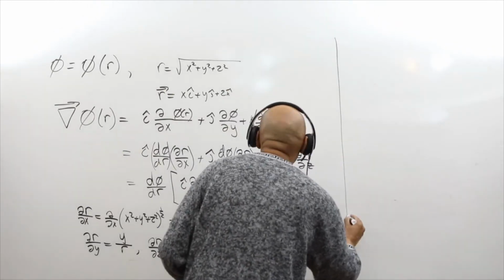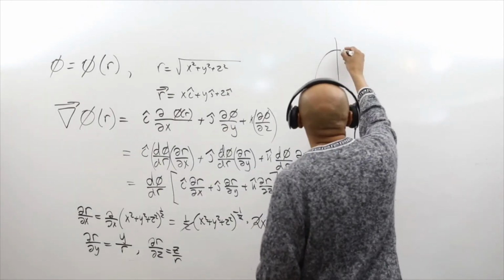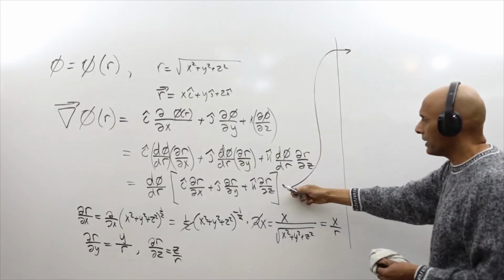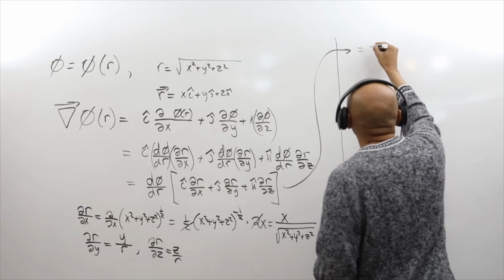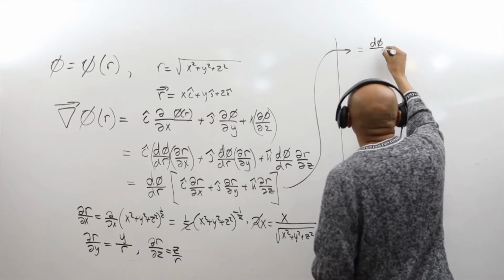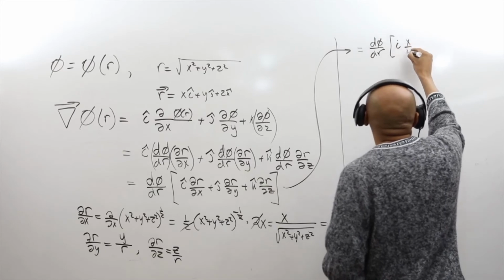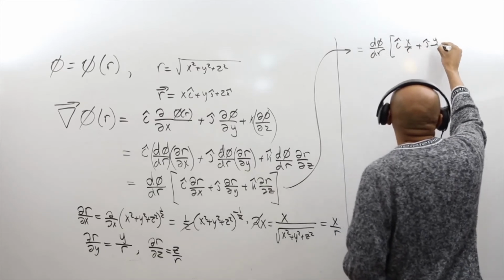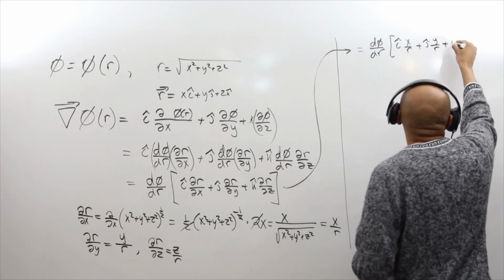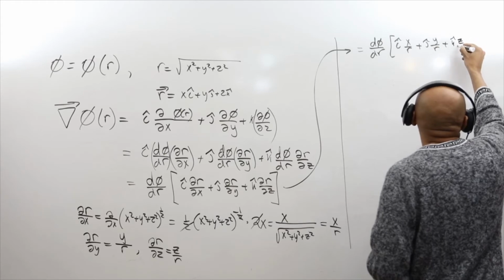So let's continue. Let's put these in. That's equal to the derivative of phi with respect to r times i x over r plus j y over r plus k z over r.